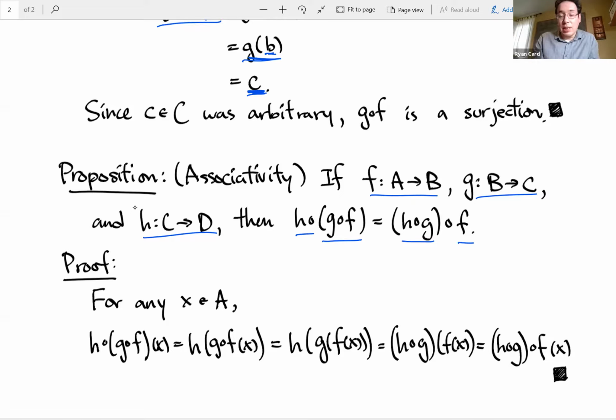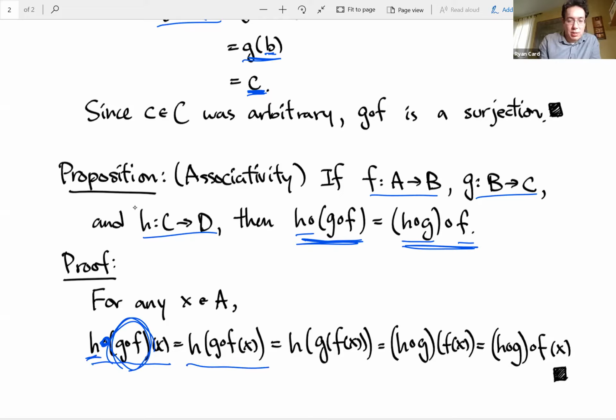Let's unwind the definition to just check. I'm going to start with the left-hand side and end with the right-hand side. So h of g of f is what I want to start with. This composition on the outside means I'm going to put the inner function g of f inside of the outer function h.